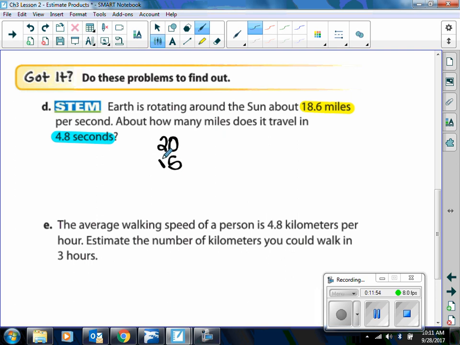And now when we multiply 5 times 2, which is 10, and then we add this 0. Very good. So this is going to be about what? About 100 miles. Right. Is everybody clear? All right.